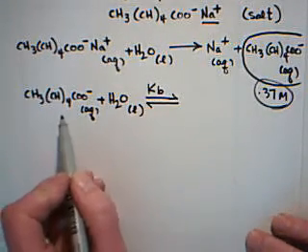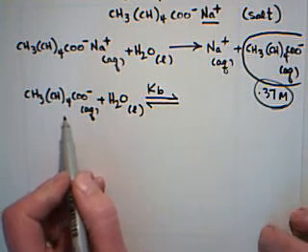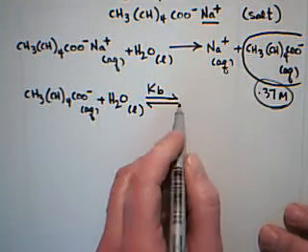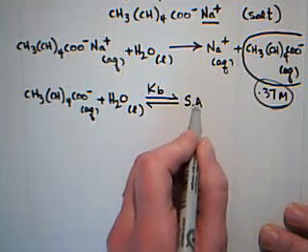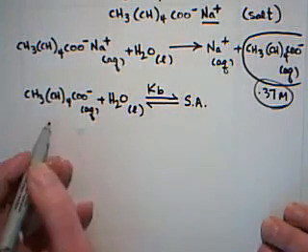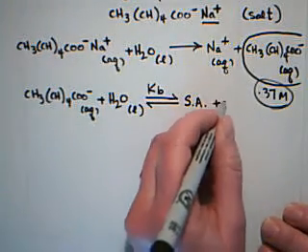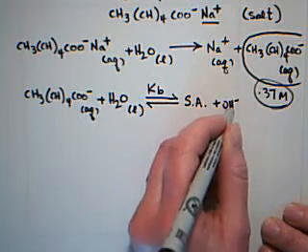So let's get the whole picture by putting this according to Kb, because that's a base, into water, and it's going to form the conjugate acid, sorbic acid. I'm just going to write sorbic acid as SA because I'm running out of room, plus OH minus.